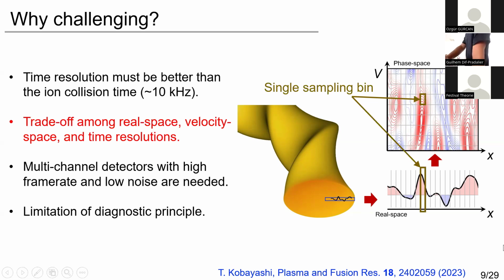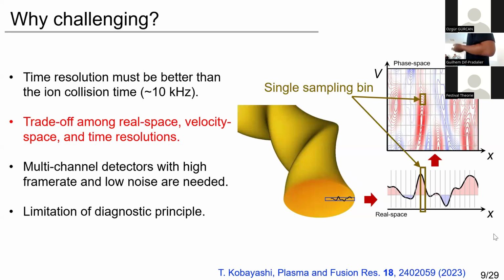Let me deepen this point using this illustration here. What we usually do to measure the fluctuation components distributed in space is shown here. We just divide the space into regular subdomains, and we quantify the signal intensity in each domain.